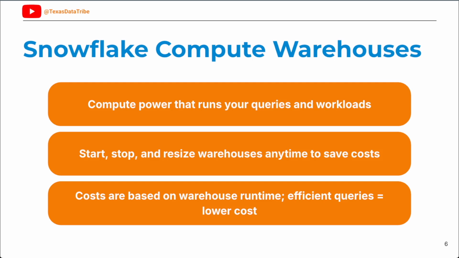Now, it is important to note that Snowflake stores data separately and charges you separately than your compute warehouse. So when you turn a compute warehouse on, it will cache data as you're running queries, and it will cache your queries. But when you turn that warehouse off, or it suspends, all that cache goes away. So you're not actually charged for that.